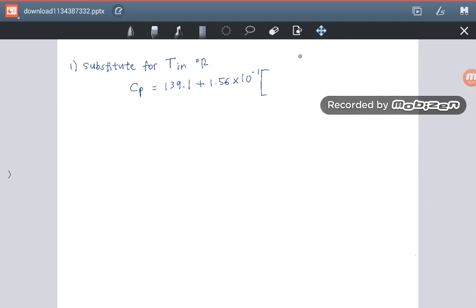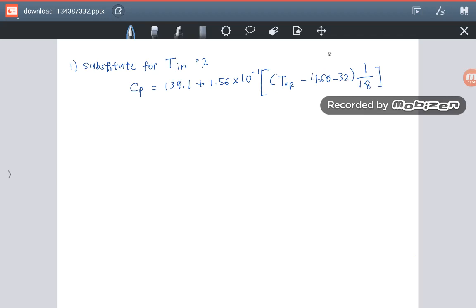So it's going to be T degree Rankine minus 460 minus 32 times 1 over 1.8.